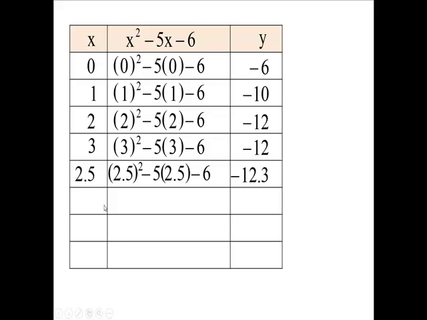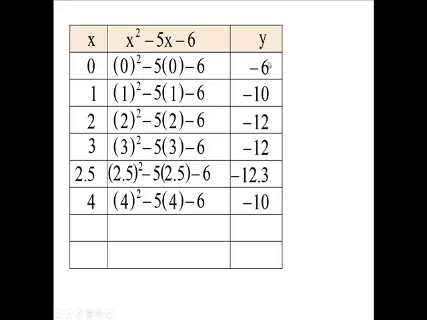Now you would expect, since you had 10 and 12 and 12, and then you get your vertex here, the next point to be a negative 10, wouldn't you? Let's see if it is. We're going to plug in 4. 4 squared is 16 minus 20 is negative 4, minus 6 is negative 10. Yep, that's what we figured.